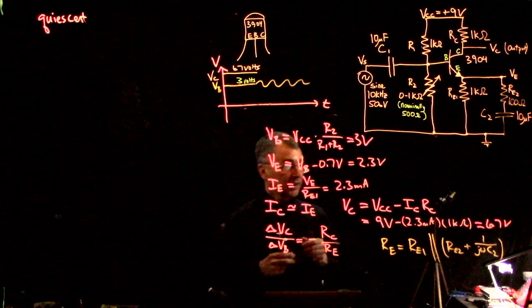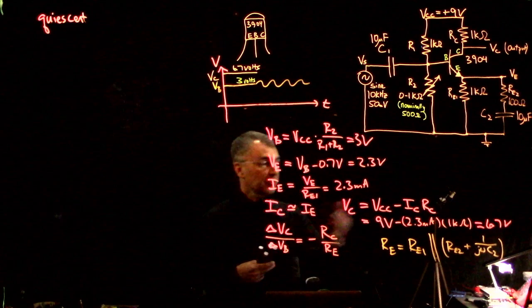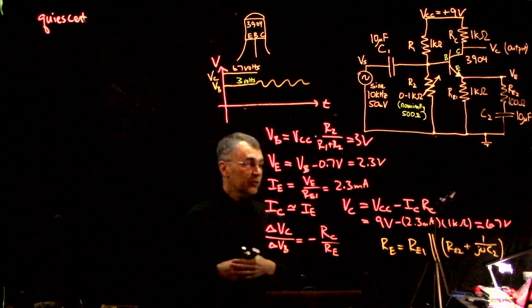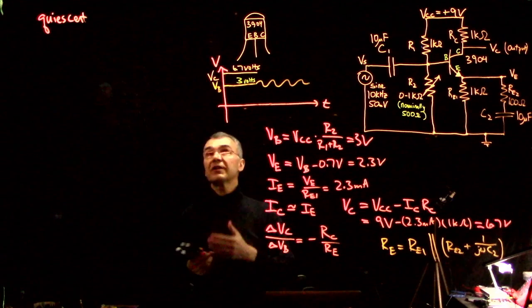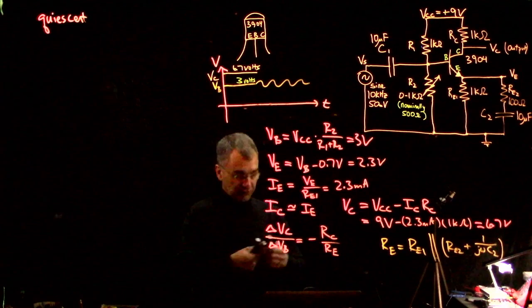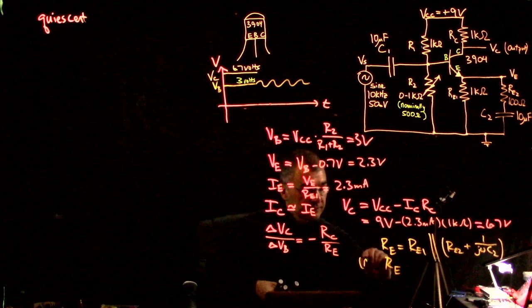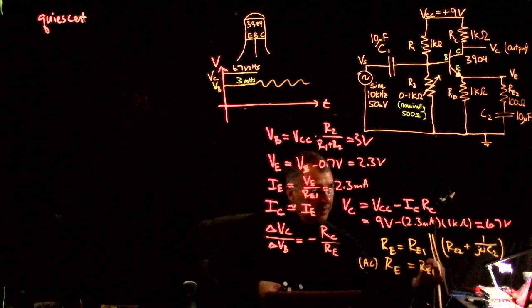I won't work out the numbers here, but you can work them out to show that this 1 over j omega C2 term becomes negligible at a reasonable frequency, let's say a kilohertz. So our effective emitter resistance for AC is RE1 parallel RE2.